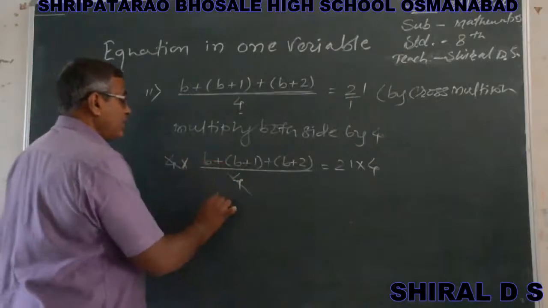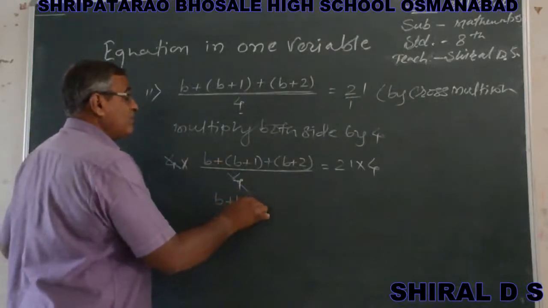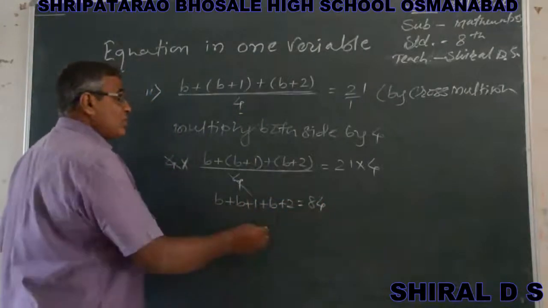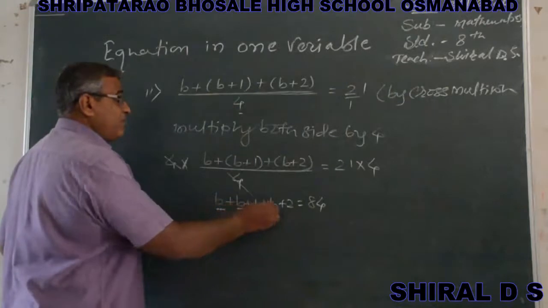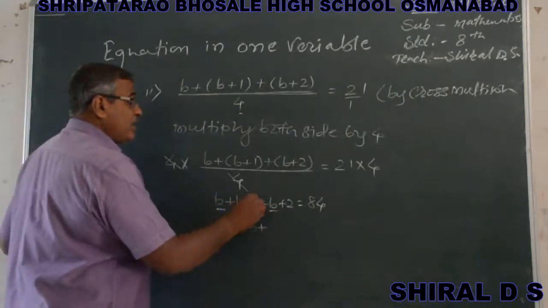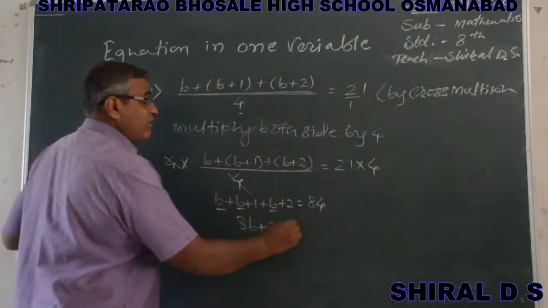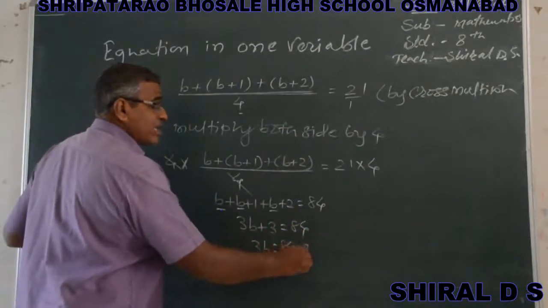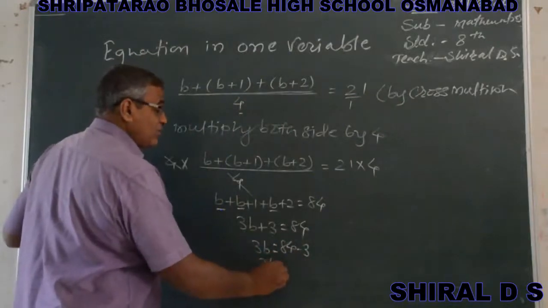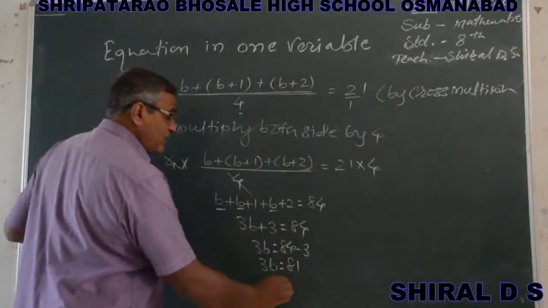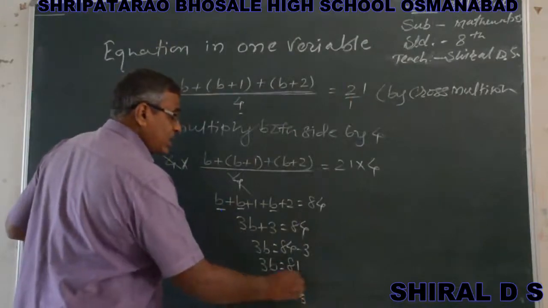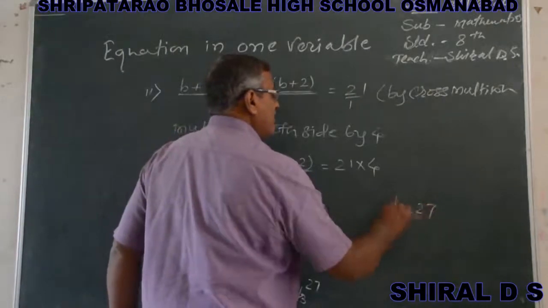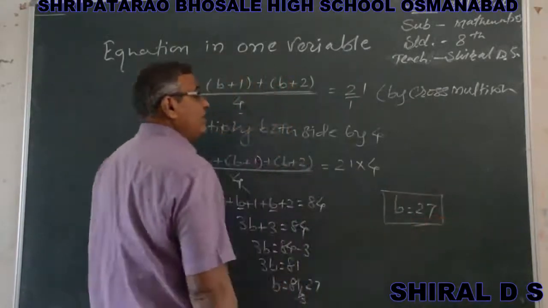So b plus b plus 1 plus b plus 2 is equal to 84. So 3b, 1 plus 2 is 3, is equal to 84. So 3b is equal to 84 minus 3, 3b is equal to 81, and b is equal to 81 upon 3 is 27. Therefore b is equal to 27 is the solution of the given equation.